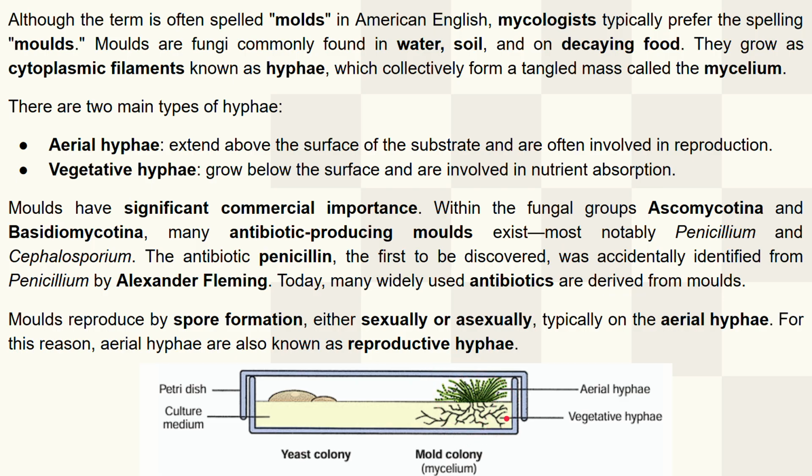Additionally, molds have significant commercial importance because molds are used for antibiotic-producing medicine. If you are familiar with penicillin, or rather Penicillium, this Penicillium was accidentally identified by Alexander Fleming, which today is mainly used for antibiotics.